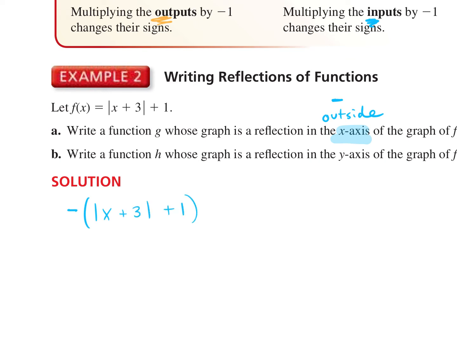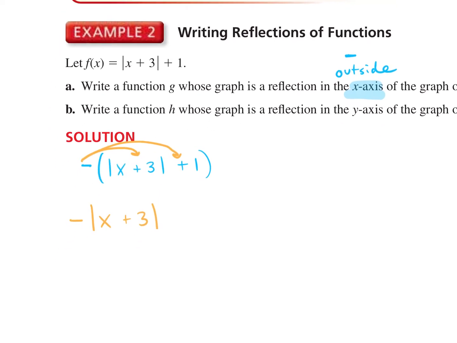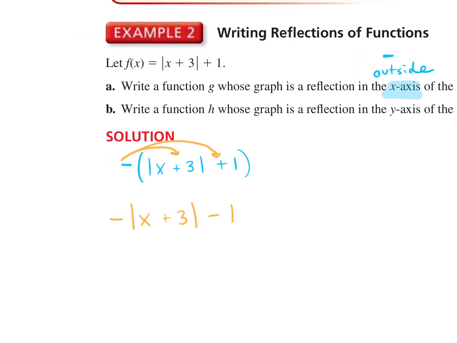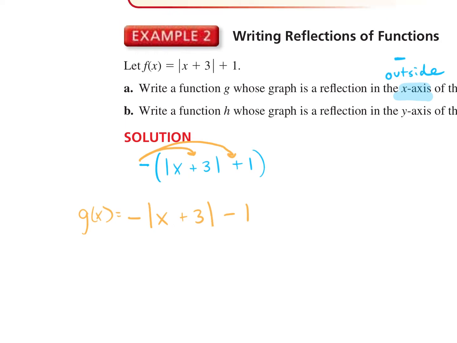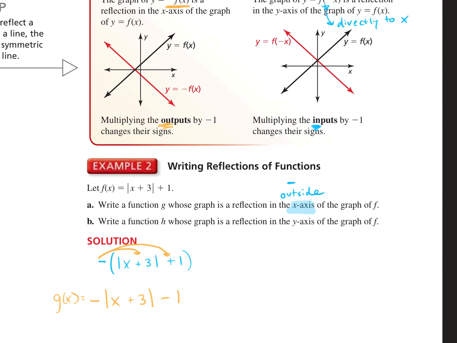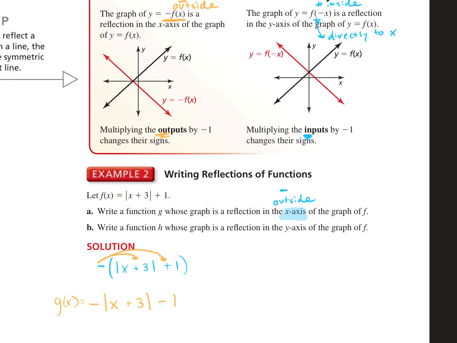So that negative gets distributed to the absolute value part and the plus 1. So this would be negative absolute value of x plus 3. We can't go inside the absolute value, so we just leave it outside there. And then minus 1. So this is g of x. So when it's a reflection on the x-axis, it gets multiplied to the entire function.